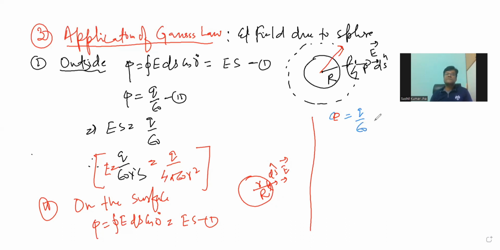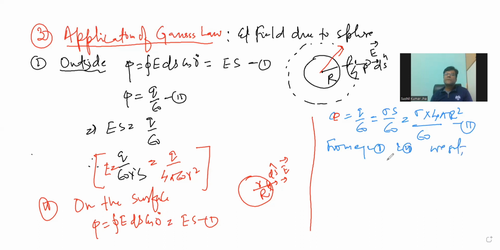Now we are on the surface. So if we take charge density, q will be sigma s, and s would be what? 4 pi r square, this time capital R square, divided by epsilon naught, equation 2. So from 1 and 2, what we get? Es is equal to sigma into 4 pi r square divided by epsilon naught.